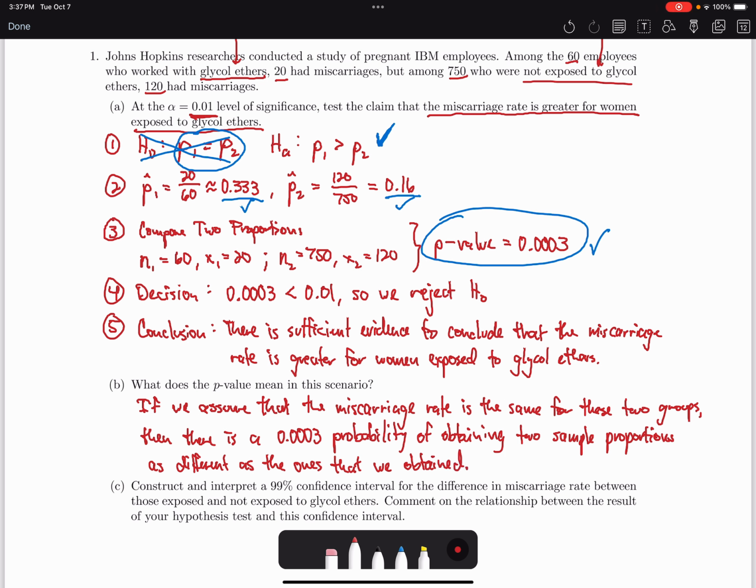Okay, and of course 0.0003 is very small, right? That's a very small probability, right? So it's highly unlikely that we would have observed sample proportions as different as what we observed if the null hypothesis were true. And so we reject the assumption that the null hypothesis is true, okay?